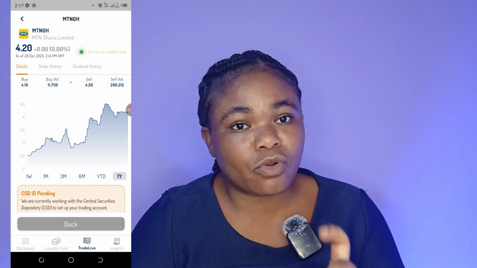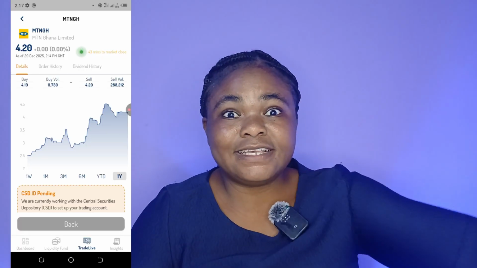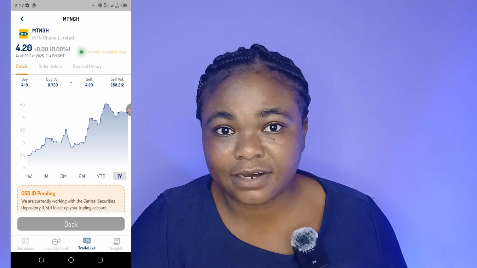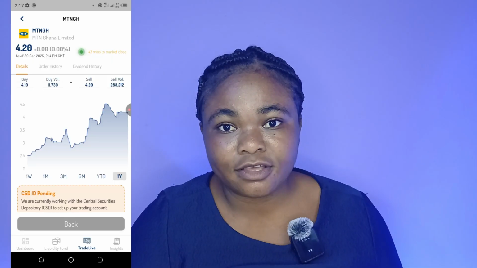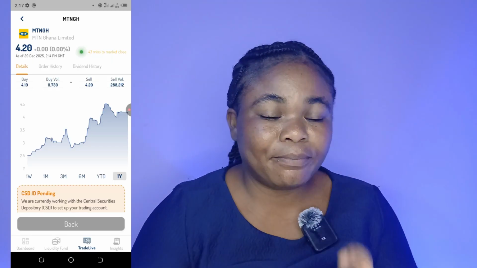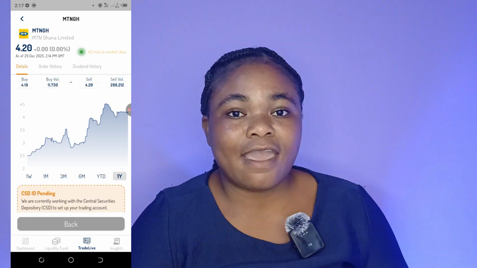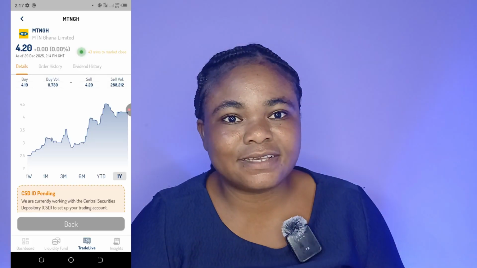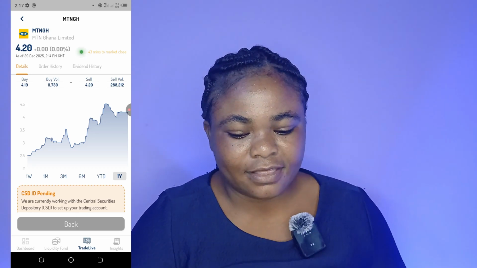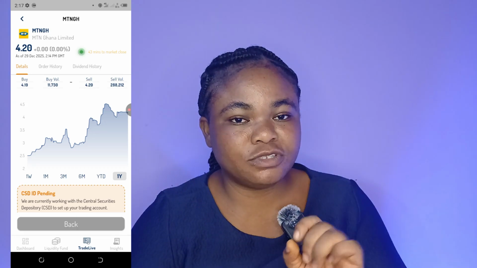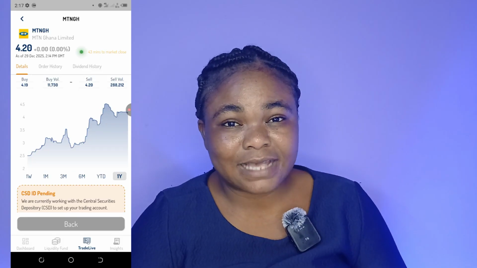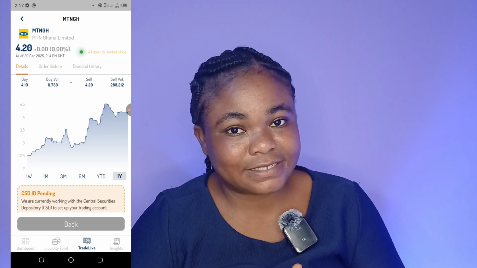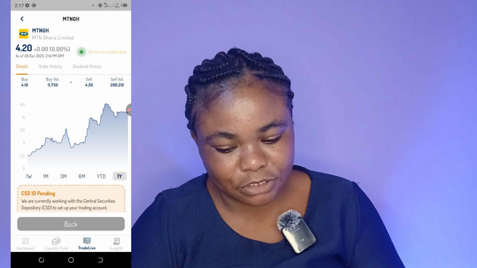That's why it is recorded on top as the price those who have the stocks want to sell at. The sellers don't accept the price the buyers have given. That's why you see the buy price as 4 cedis 19 pesos and the sell price as 4 cedis 20 pesos.